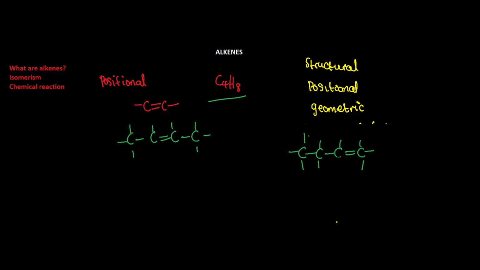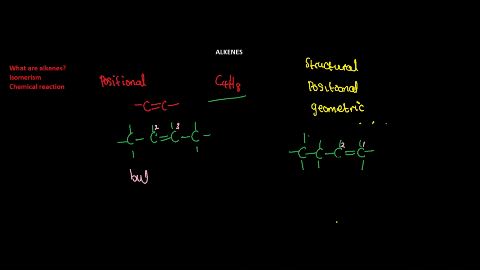However, you would notice that the position of the functional group, which is a double bond, varies. The double bond here exists between the second and the third carbon atom, while in this case it exists between the first and the second carbon atom.